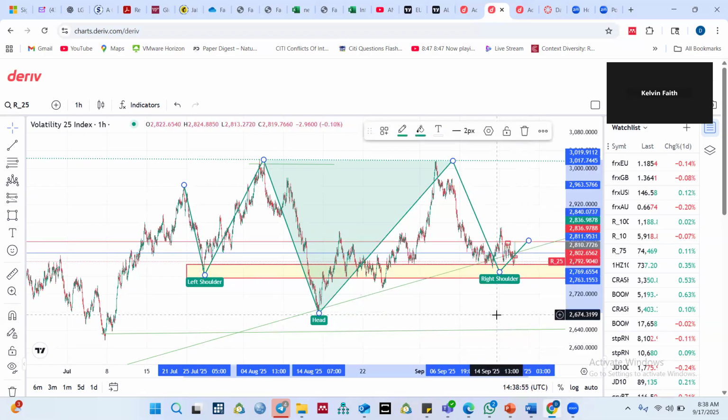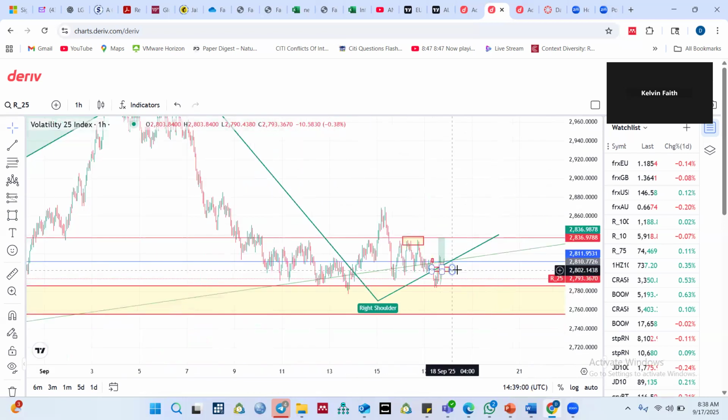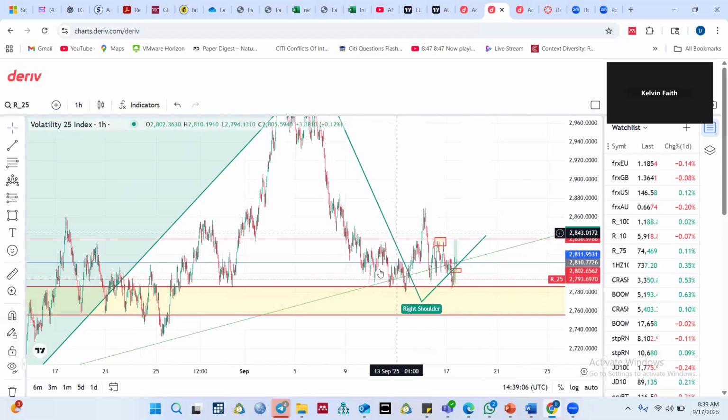If price pushes up again above the trend line, like I'm anticipating, then this right shoulder formation would be perfect.